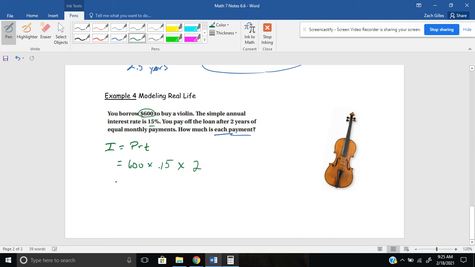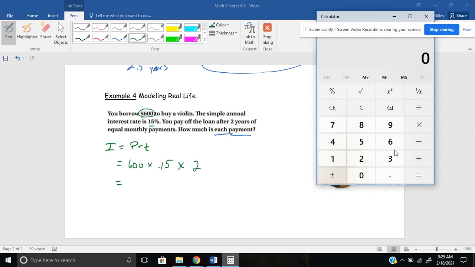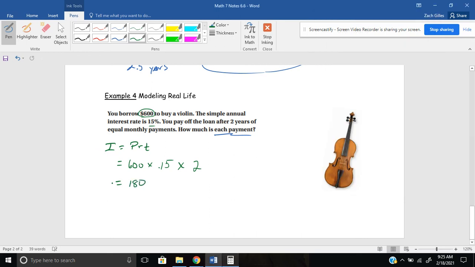Let's see how much total interest I need to pay. Okay, 600 times 0.15 times 2 gives me $180.